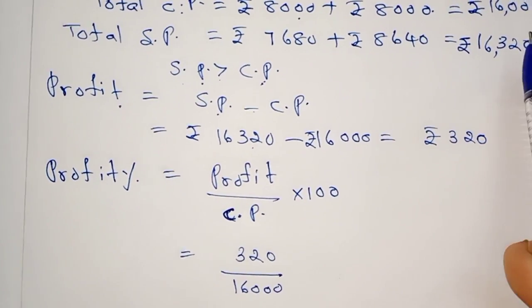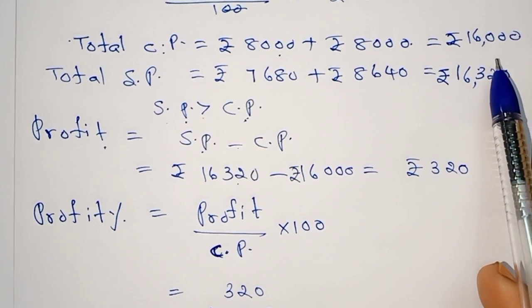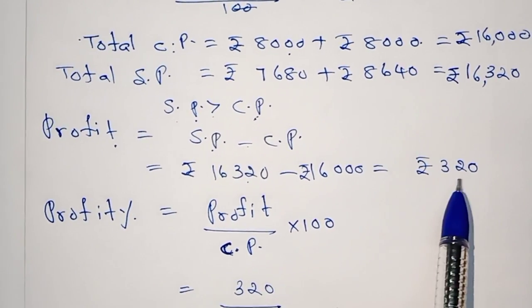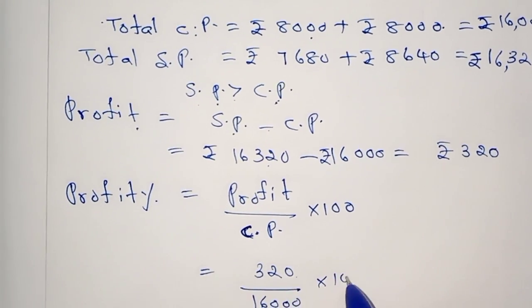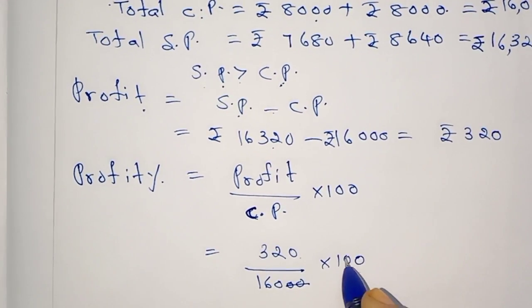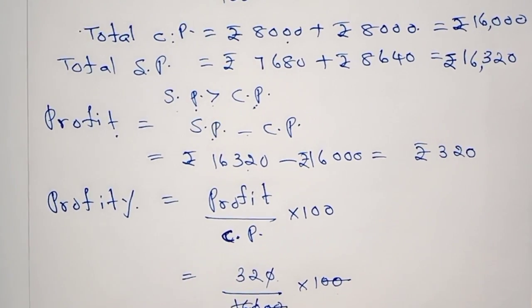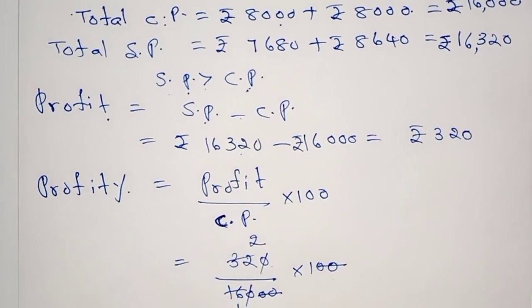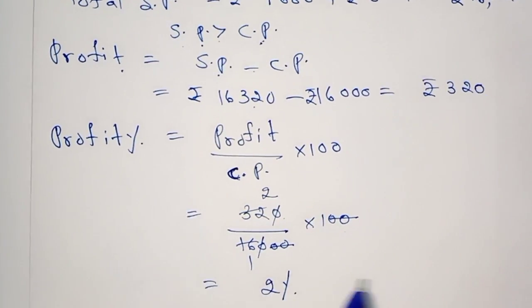You can see here, this is the cost price, and this is the profit. So profit by cost price into 100. These two zeros get cancelled. This zero gets cancelled. 16 ones are 16, 16 twos are 32. So the profit percent is equal to 2%.